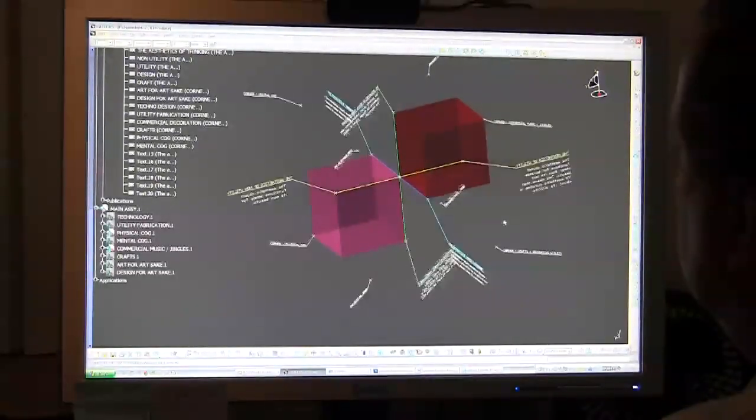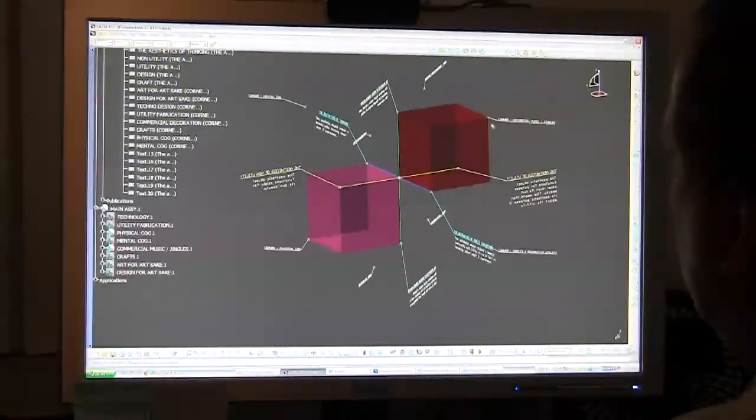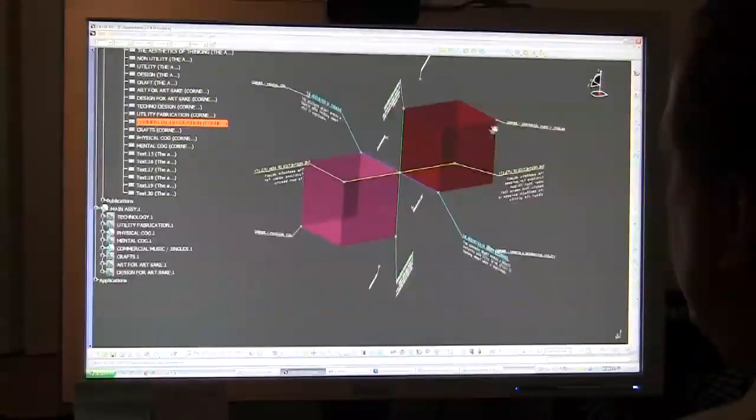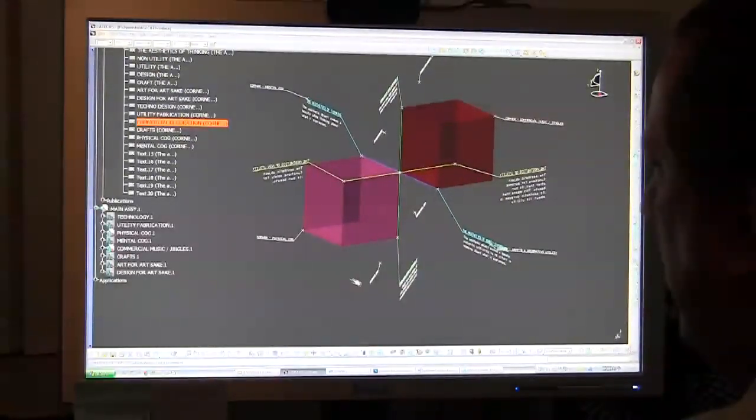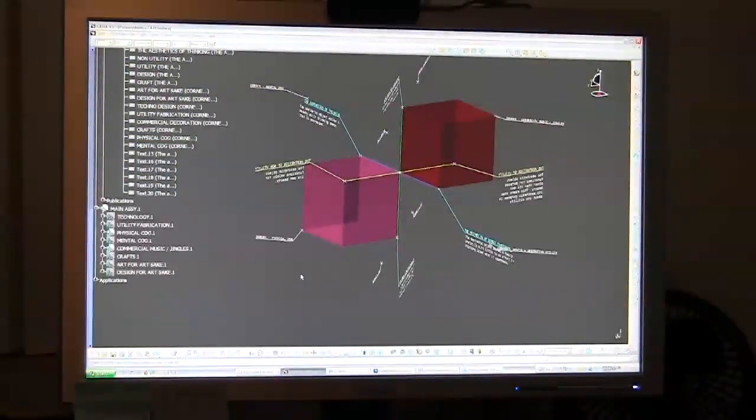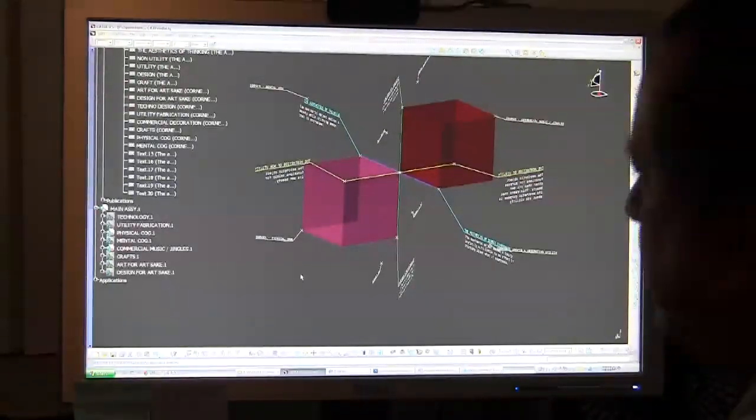All right. So we have commercial music, jingles, and physical cog, which would be something like a mathematical sculpture that took a lot of physical skill to create.